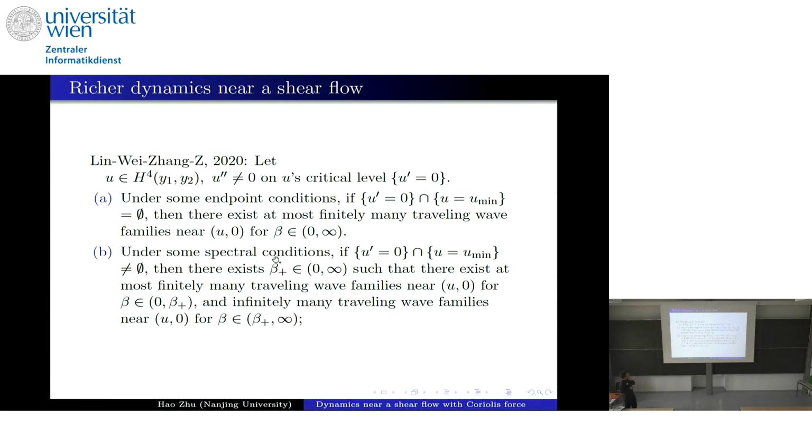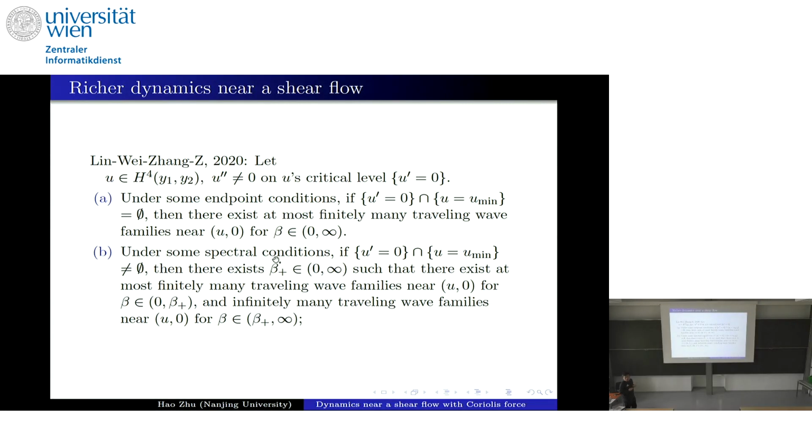And for a class of shear flows, there is richer dynamics near the shear flow. So for the shear flow, we mainly assume that at the critical point of U, the second derivative of U is not 0.